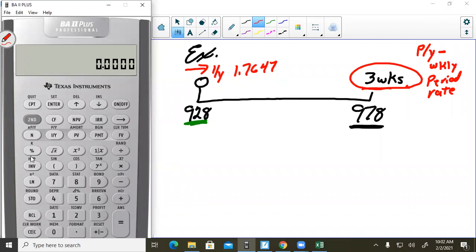Okay. So remember, we're trying to find our periodic rate. We want weeks. So I changed my periods per year to 1. Does that make sense? Okay. So I have 3 periods. Here's my N. So I have 3 weeks, so 3 is N. I'm looking for the interest rate.